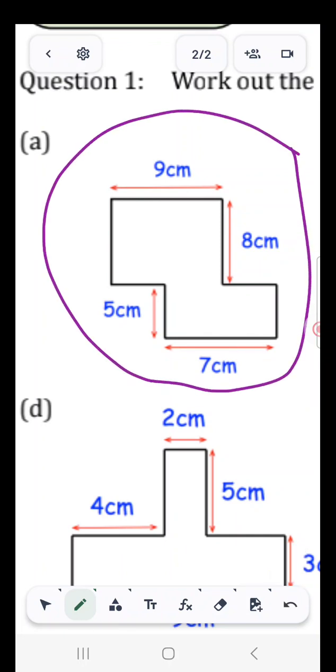First of all, you can split the shape into two parts like this one. So it makes rectangles. You can solve both of the rectangles separately.